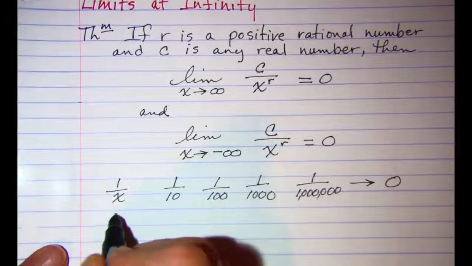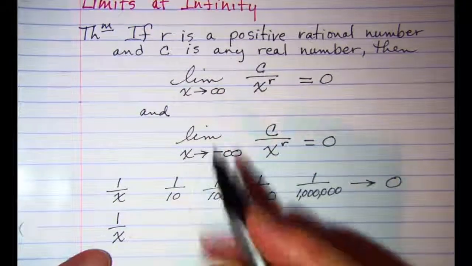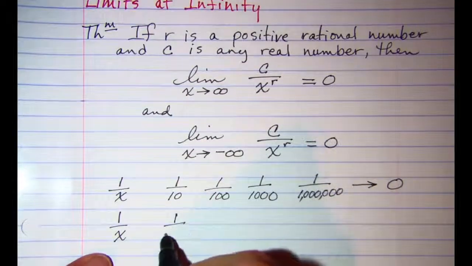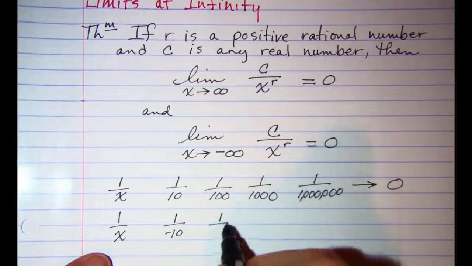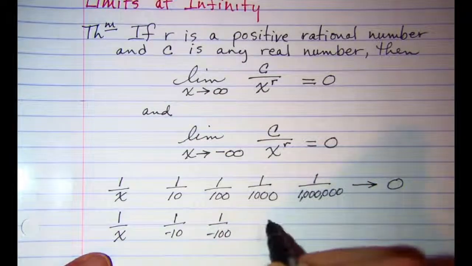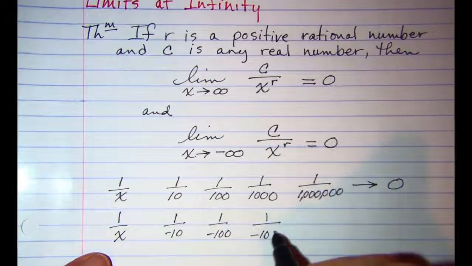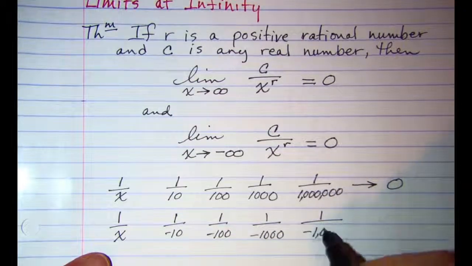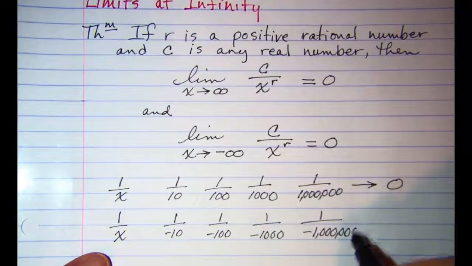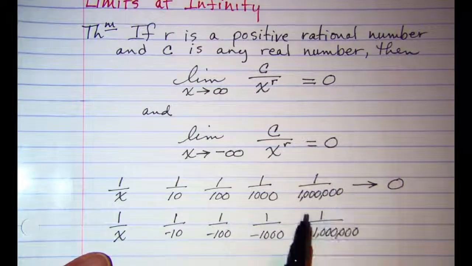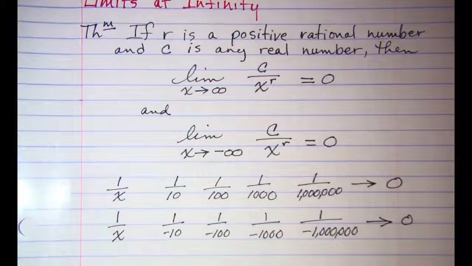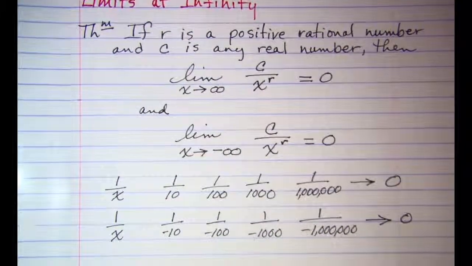Also, if x was approaching negative infinity, that would be 1 over negative 10, 1 over negative 100, 1 over negative 1,000, and so on, or negative 1 million. This expression also approaches 0. So we're going to make use of this theorem to evaluate limits.